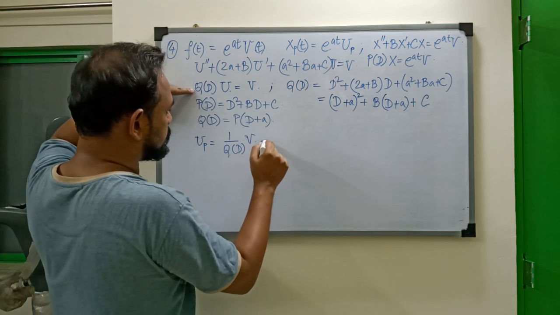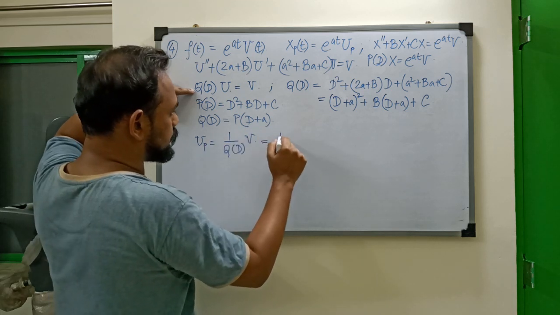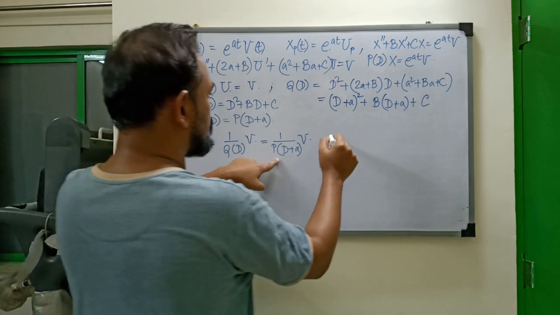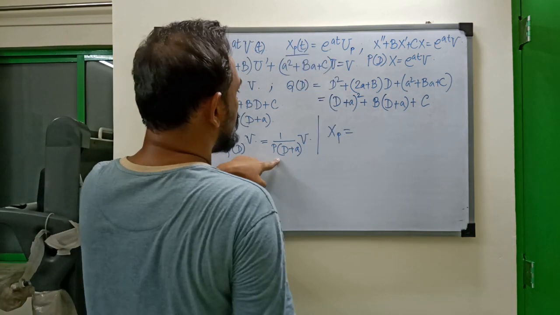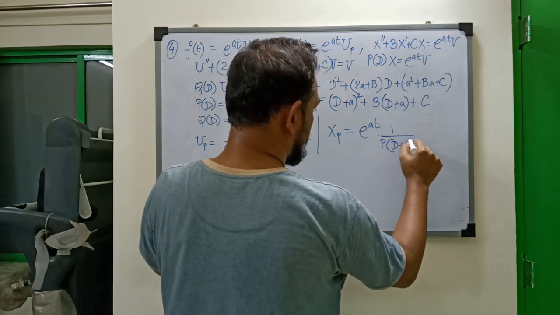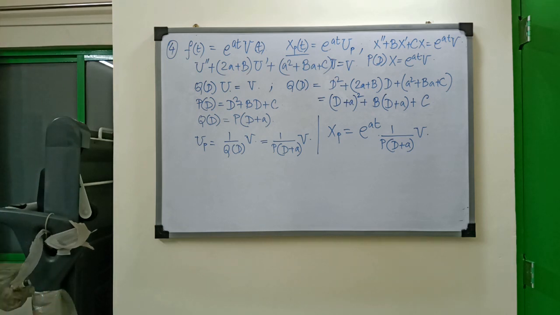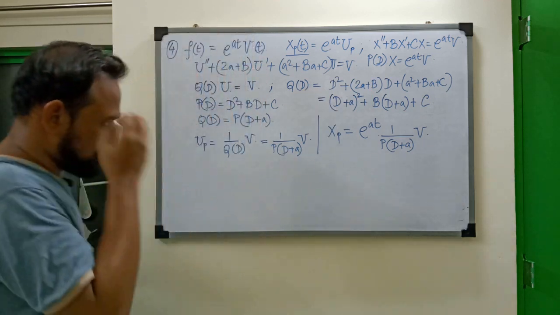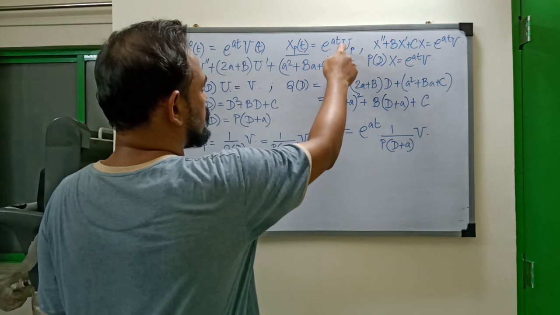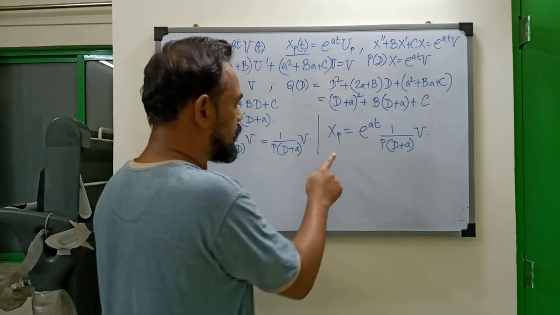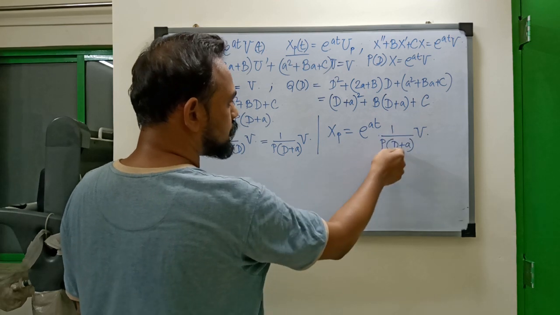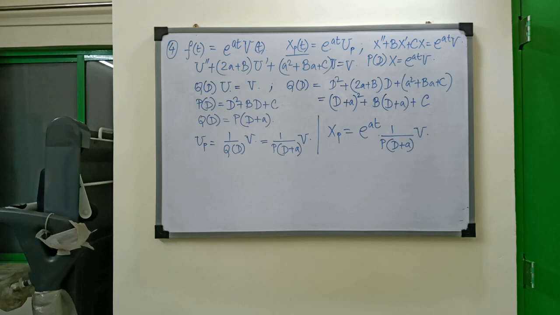And Q(D) is P(D plus a). So U_P is 1 over P(D plus a) acting on V. Therefore the particular solution is e to the power at times U_P, where U_P is given by 1 over P(D plus a) acting on V. So instead of solving for U separately, it's given by one concise formula: you take out the e to the power at and act on V by the inverse of P(D plus a). That's another solution.